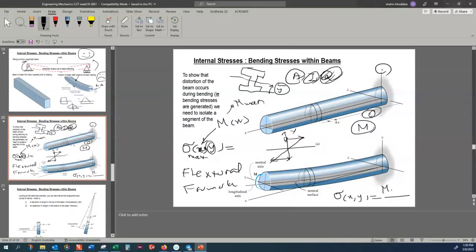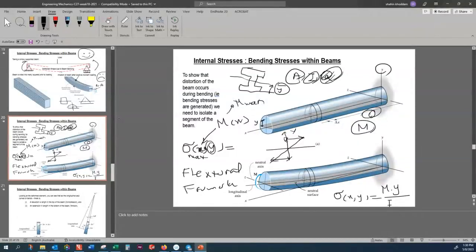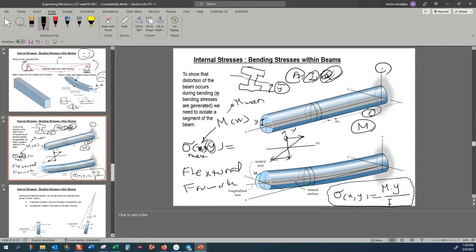It is also proportional to the distance of the point from the neutral axis. If I'm interested in the stress at this point, I have to measure how far this point is from my neutral plane. That is Y. And it is inversely proportional to the moment of inertia. So directly proportional to M, directly proportional to the distance from the neutral plane, inversely proportional to the moment of inertia. That is called the flexural formula, and that is the number one most important equation for your final exam.